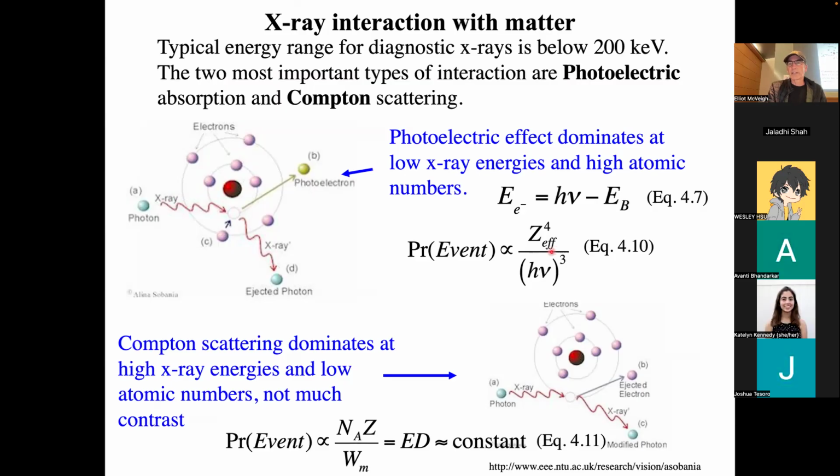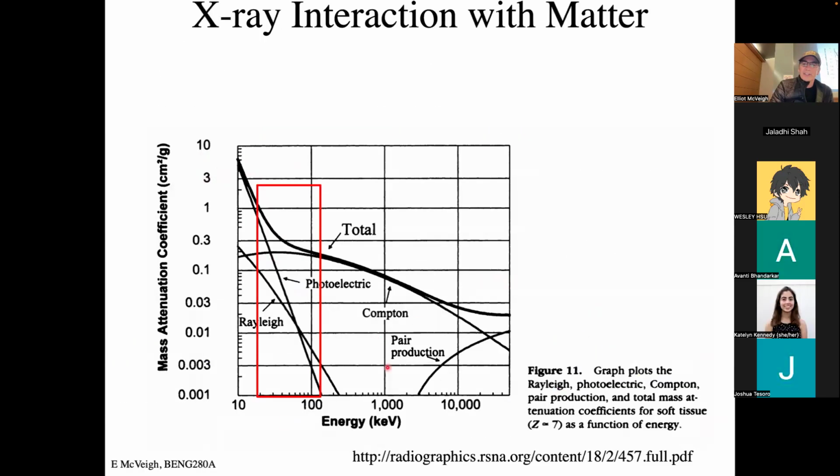Right. Well, the ratio, just the amount of photoelectric events that would occur for a low atomic number thing versus Compton, and then you go to a high atomic number thing, and the photoelectric is going to take off and be the dominant event. Don't get that confused with the energy here, right? That's just the energy of the photon, not the Z of the actual element, right? We'll get to a chart where we have different Z's, actually different elements.